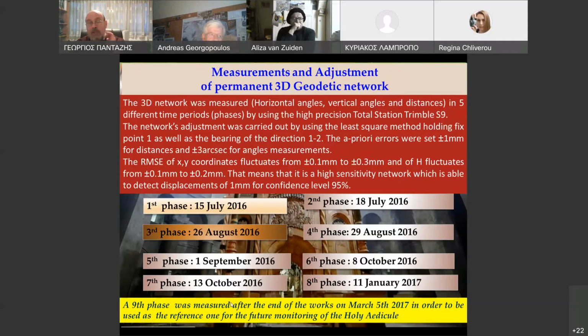As I remember, about 2 persons were indispensable for the measurement realization, which lasted 3 to 5 hours each time. That depends on the accessibility difficulties.